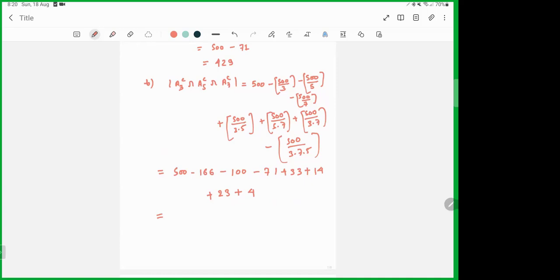What are you saying? A3 complement intersection. Are you taking the complement of the whole thing? No, I'm taking the complement first, then the intersection.